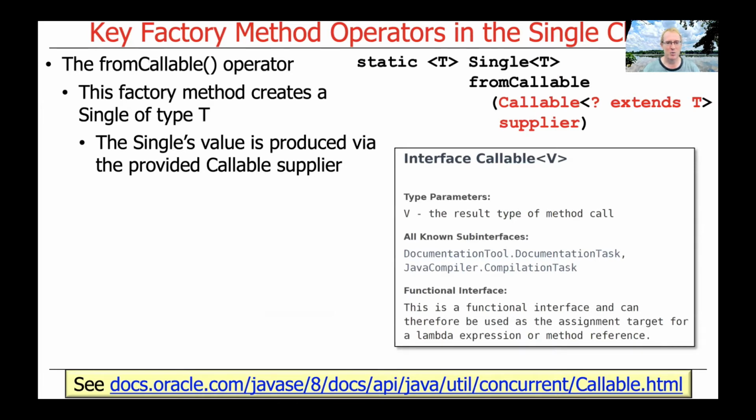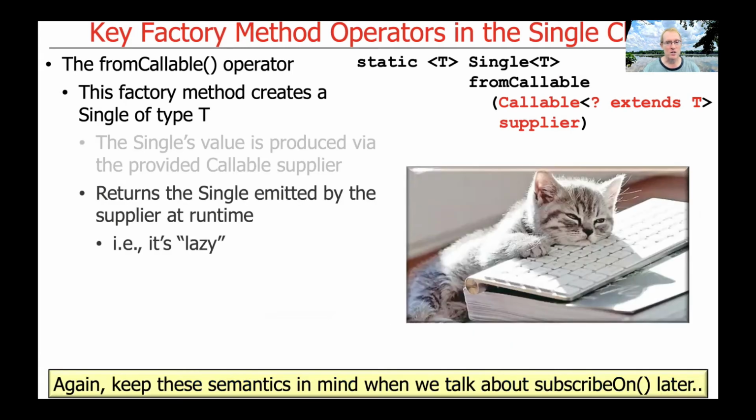A Callable, as you may recall, is a Java 5 capability that's essentially a functional interface, so it returns a value. It returns the value emitted by the Callable that's passed as a parameter at runtime. In other words, this operator is going to be lazy. It's going to make its decision at runtime instead of at instantiation time.